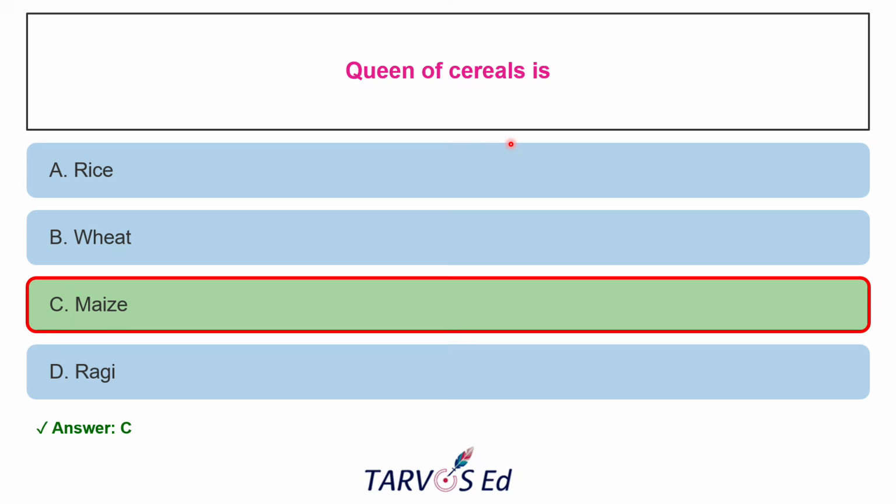Okay, and also you should know what is the king of millet, that is sorghum. Okay, and also you should know what is king of pulses, that is chickpea. Okay, and queen of pulses is pea, Pisum sativum, that is pea. Okay, and king of fodder crop is berseem, that is also you should know.